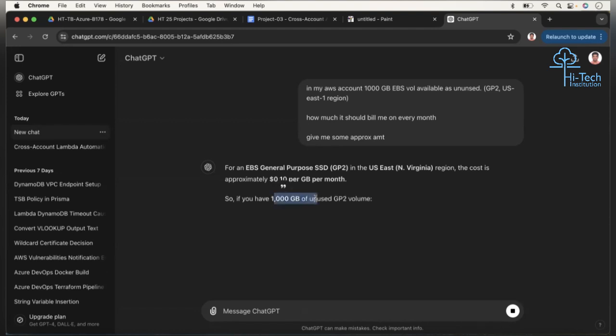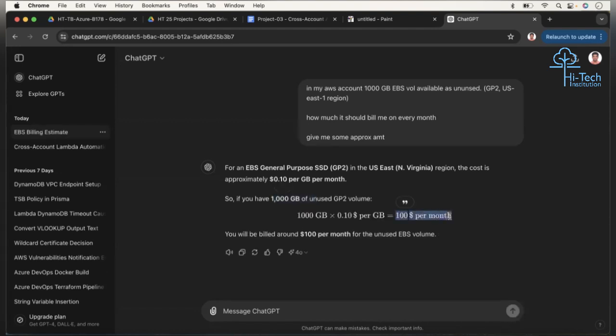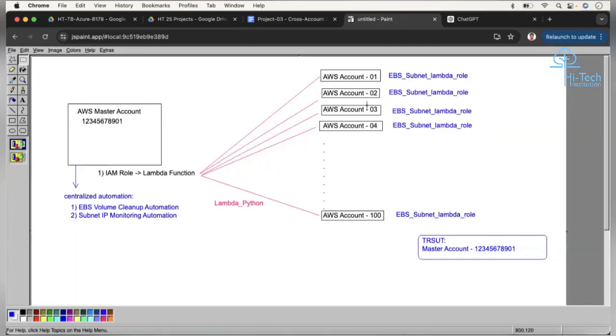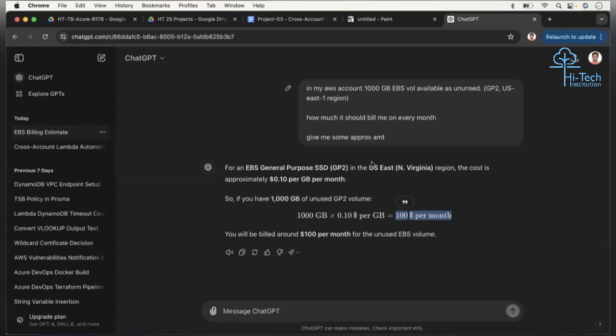If you have 1000 GB, say $100 per month, we are simply wasting. 10 GB I have taken as a minimum actually. You won't believe, last month in every account we identified in our project close to 400 GB per account. So we'll go with the rough calculation of $100.